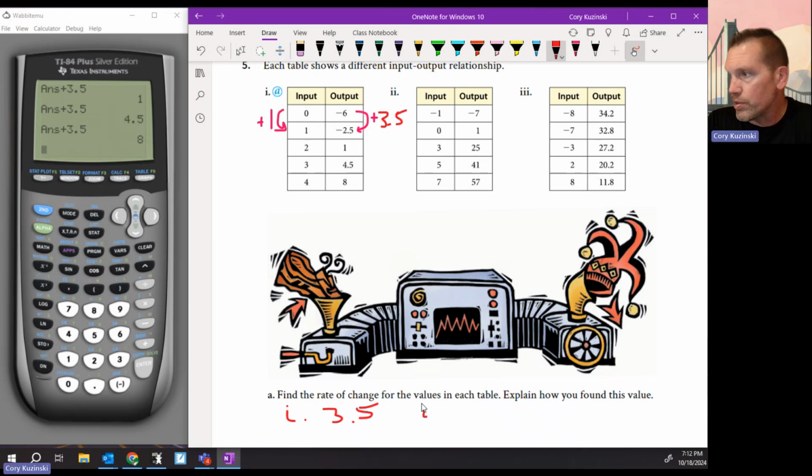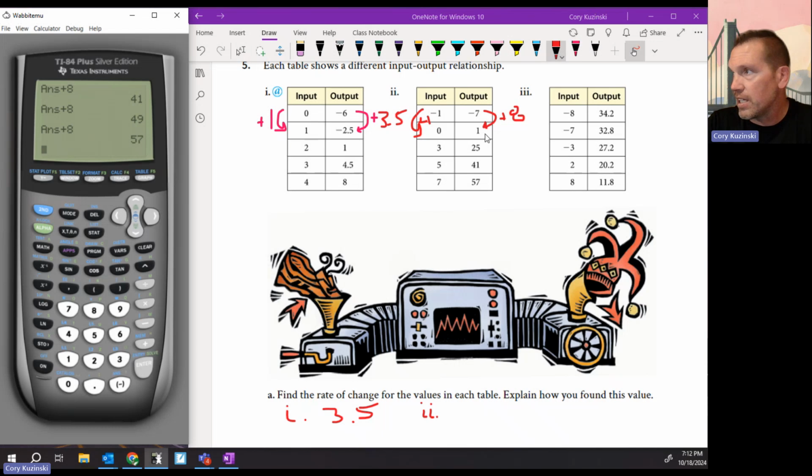All right, now what about 2? Let's do this faster this time. Obviously, that's an increase of 8, and this went up 1. Check it, negative 7, enter, plus 8. That gives me the 1. Oh, see, that's for input 1, then 2, then 3, then 4, then 5, then 6, then 7.